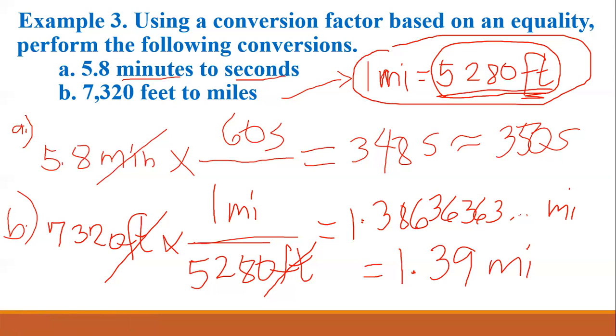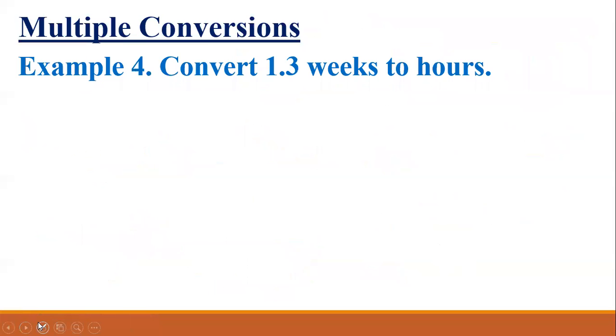So that is the dimensional analysis, okay? Using conversion factors to change units. Now we have the multiple conversions. What about the multiple conversions?